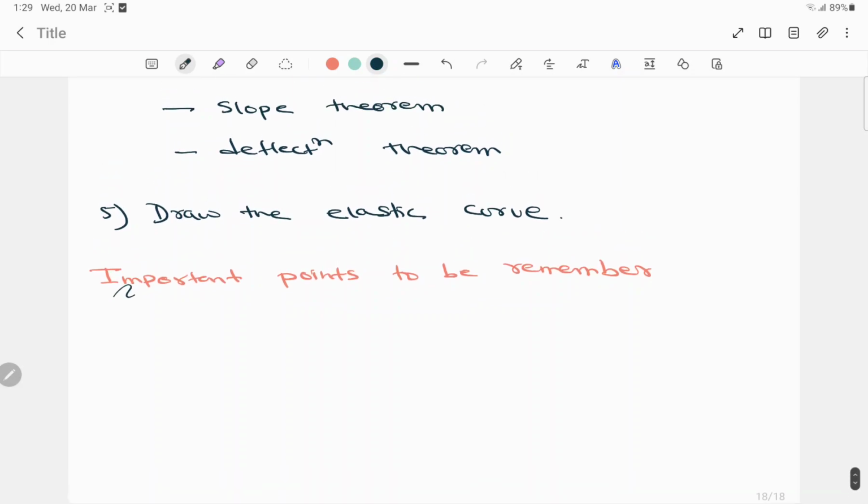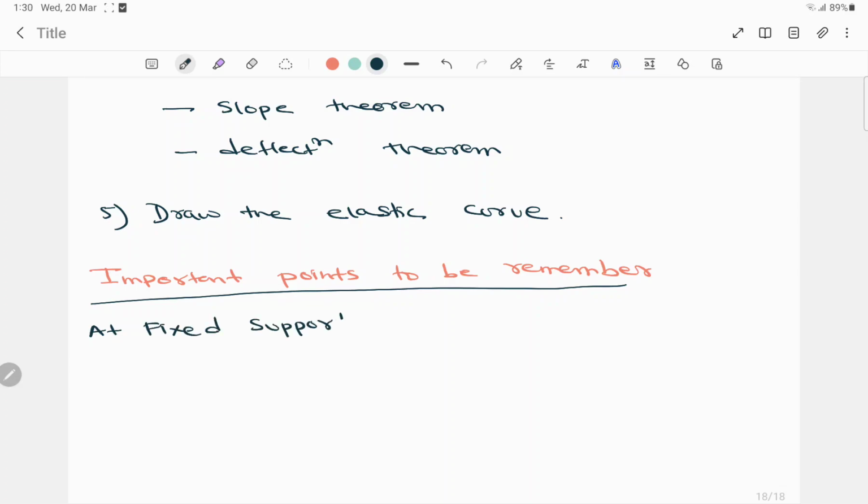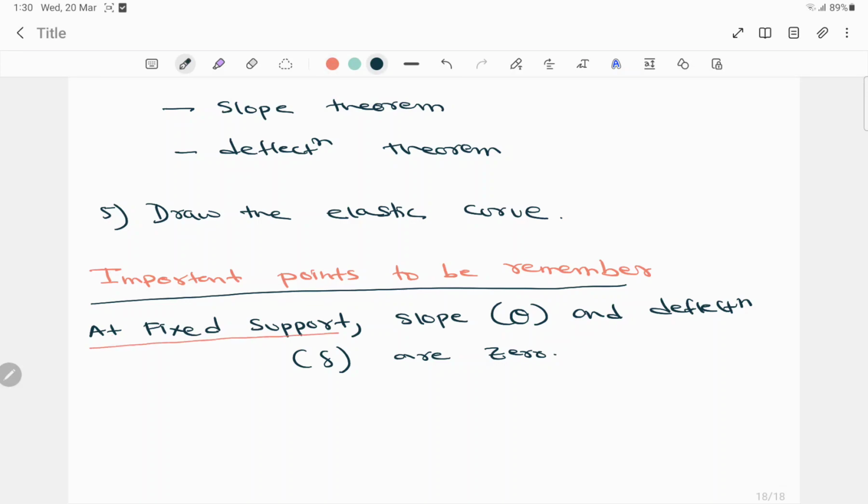So always remember, at the fixed support, the slope and deflection are 0. Okay, it's for the fixed support.